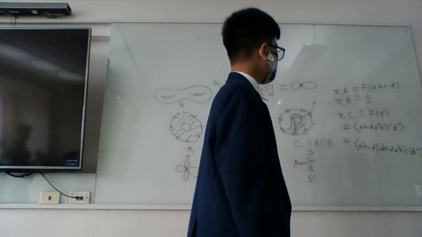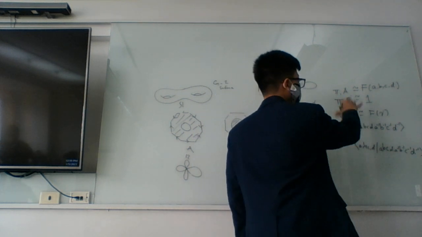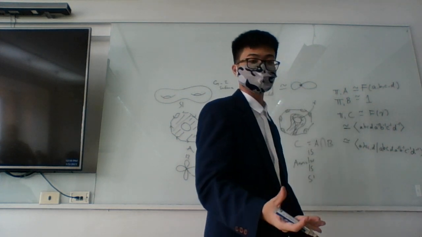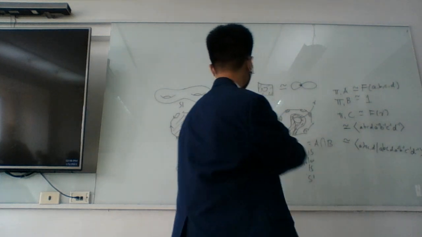All right, now we have these fundamental groups. Let's find the fundamental group of the space that we were looking for, this genus 2 surface.